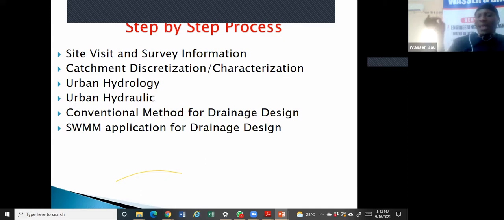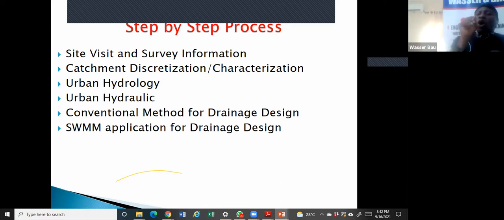So there is catchment information that you need. You need to know the high point, the flow point, the streamlines, the location of the outfall, and the general undulation, the slope of the catchment.